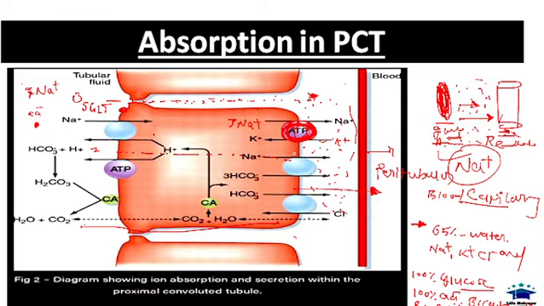This transporter uses primary active transport. This movement of sodium creates an electrochemical gradient favoring the movement of sodium into the cell from the tubule lumen. So a gradient is already made, and this gradient is used in active transport.